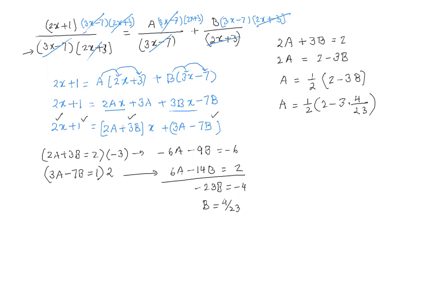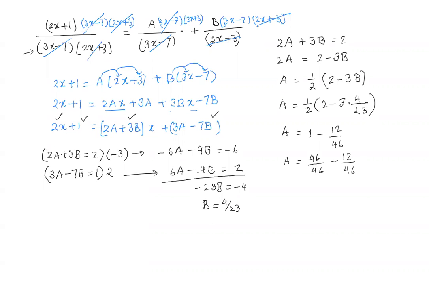Okay, this is going to be A is equal to 1/2 times 2 is just 1, minus 3 times 4 is 12. In the denominator, 2 times 23 is 46. So A is equal to 1 is 46 over 46, right? I'm making the denominator the same. 12 over 46.